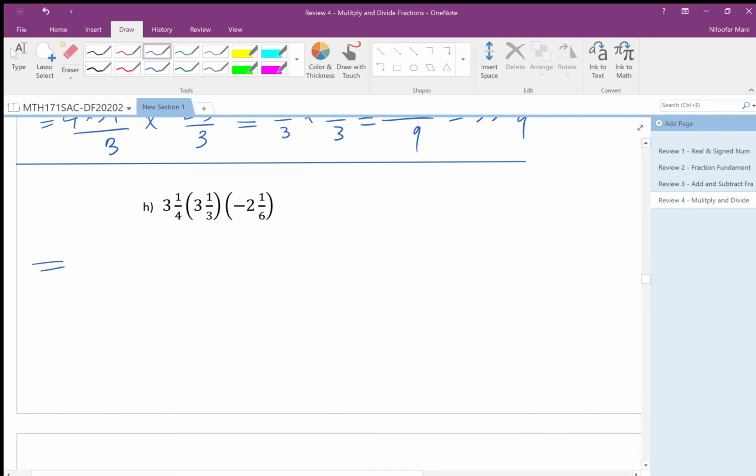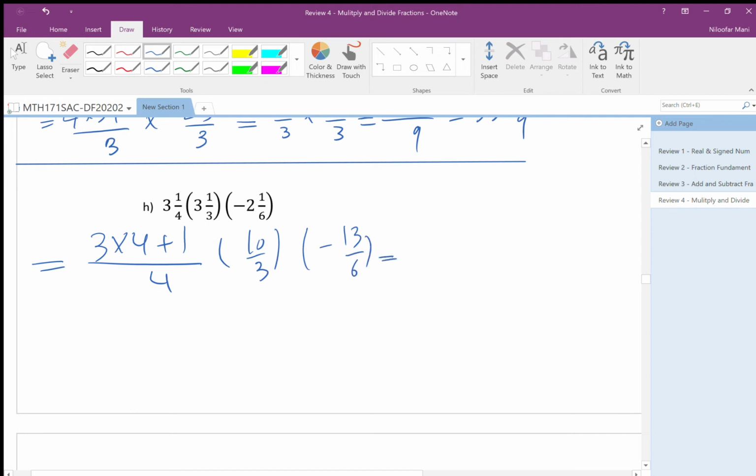So negative or positive? Because I just have one negative, the answer is negative, so I can just do it at the end. So it's 3 times 4 plus 1 over 4 times 10 over 3 and times minus 13 over 6.